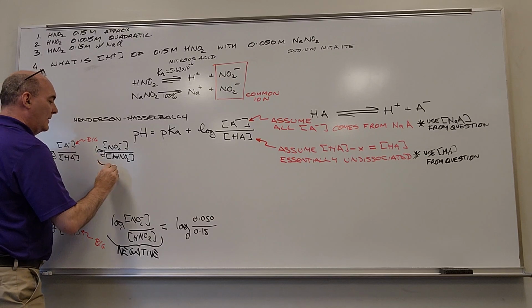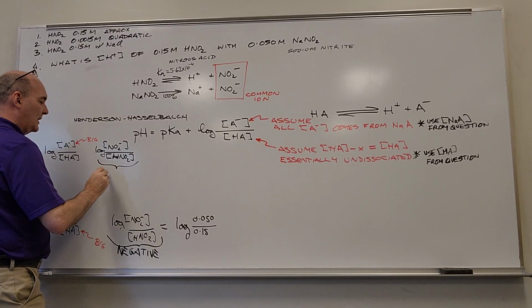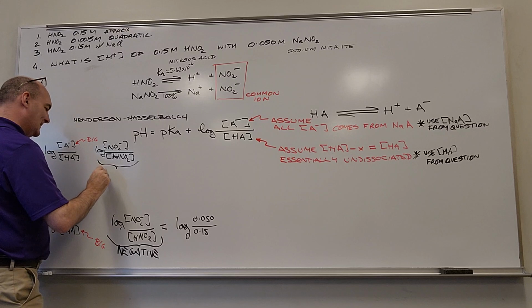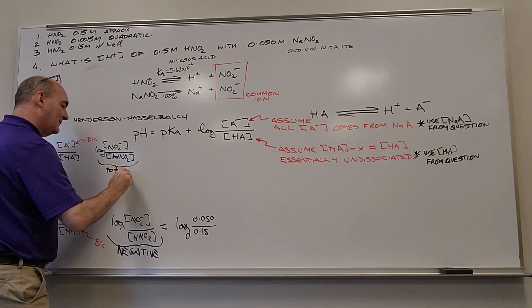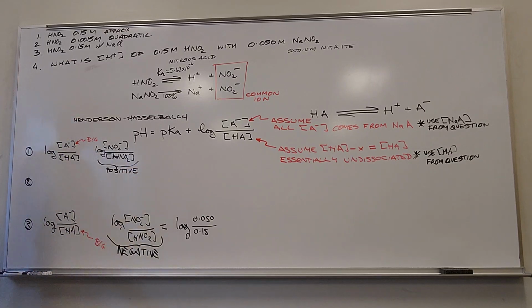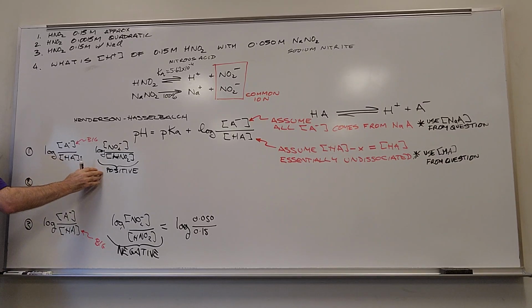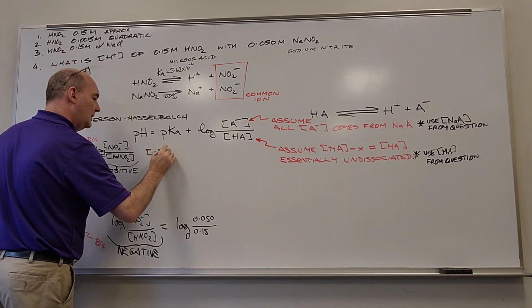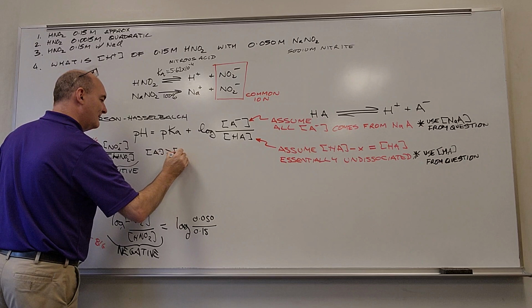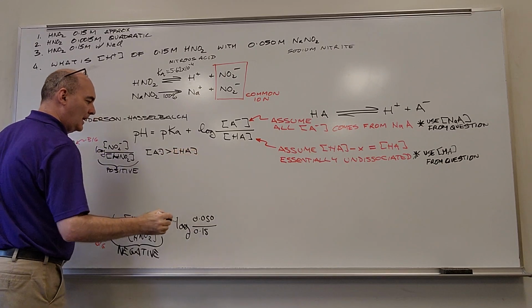When the numerator is larger than the denominator, that term goes positive. So this top case happens, positive values, when A minus is larger than HA.